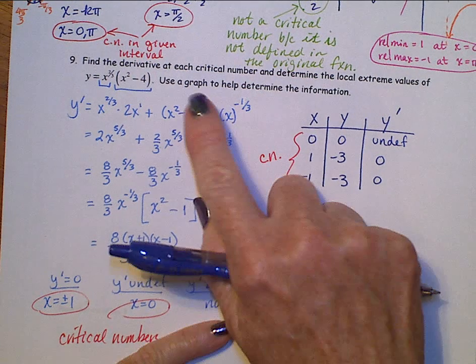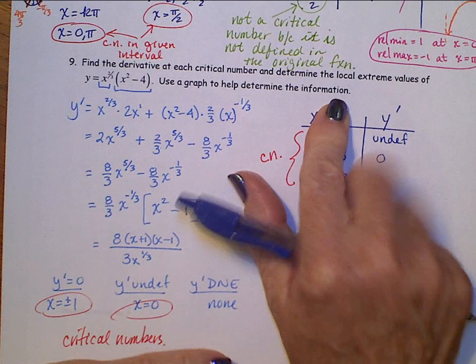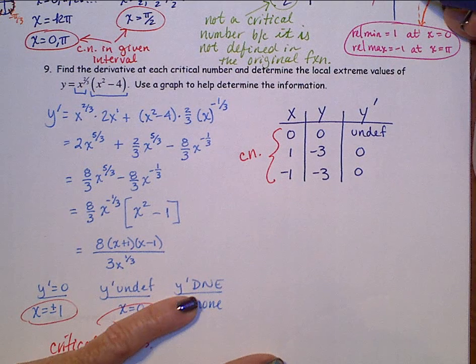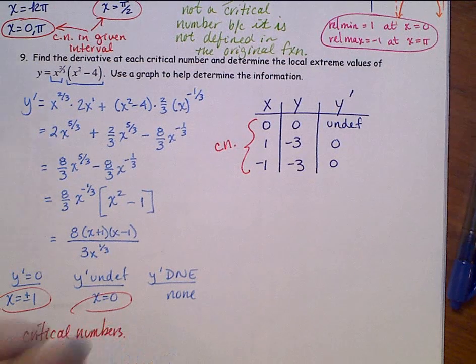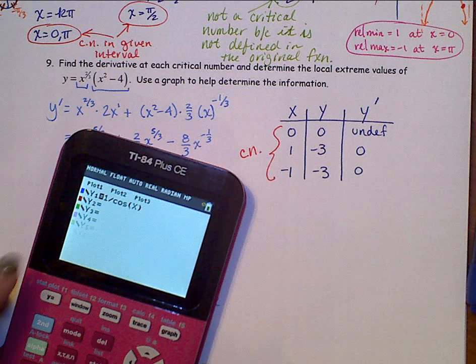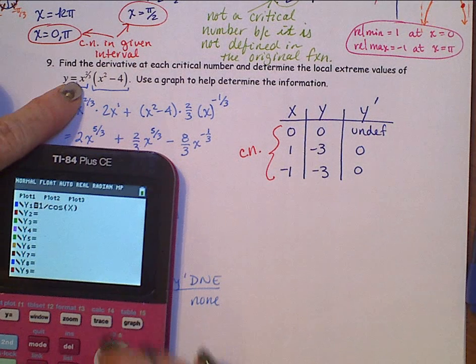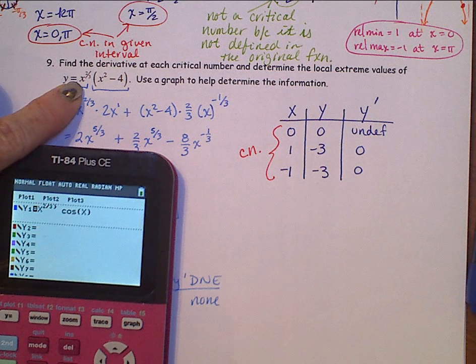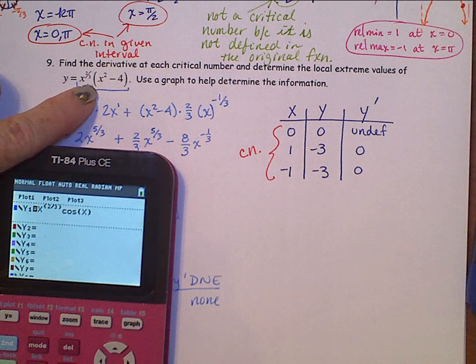Now use a graph to help determine the information. Because we don't have a closed interval and there's nothing going on like where we could use the infinities or anything like up here where the function was discontinuous, the only thing we can do at this point in your calculus career is go to a graph. So let's graph this, x to the 2/3 times x squared minus 4.